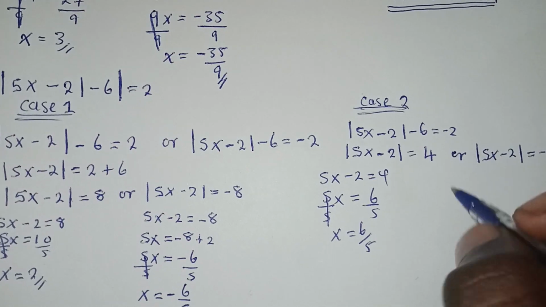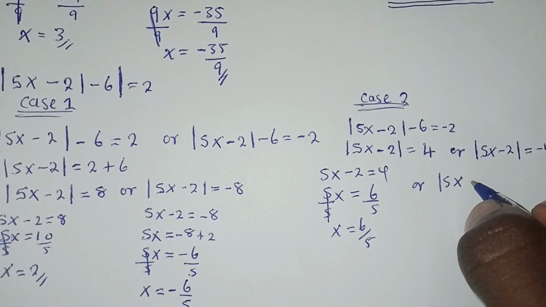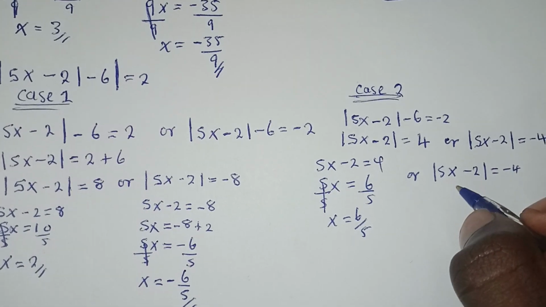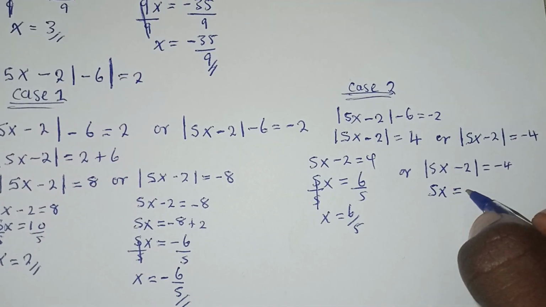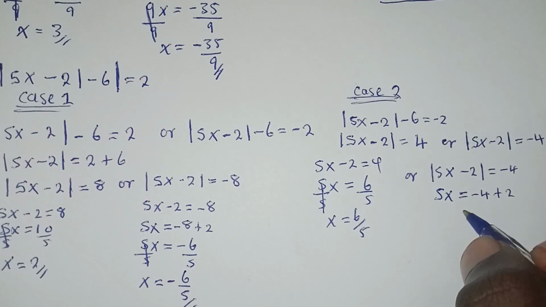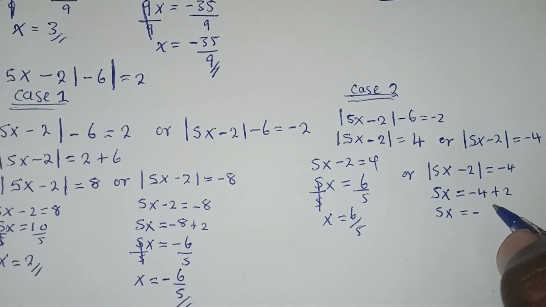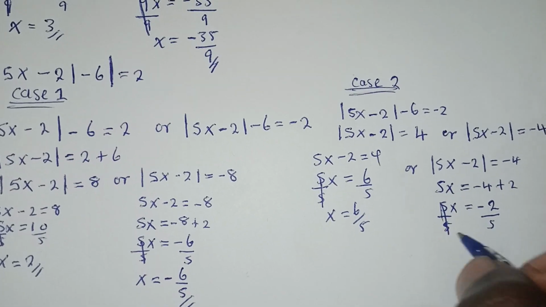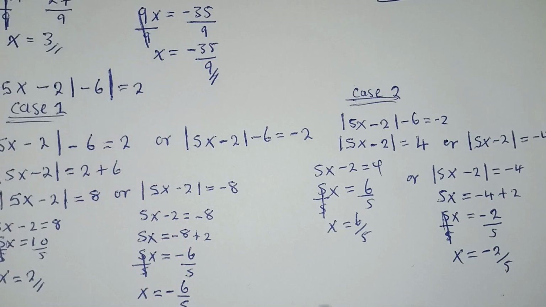Then for here, we say or 5x minus 2 equal to negative 4. Then this is going to be 5x equal to negative 4 plus 2, 5x equal to negative 2, over 5 over 5. Therefore, the answer is going to be negative 2 over 5.